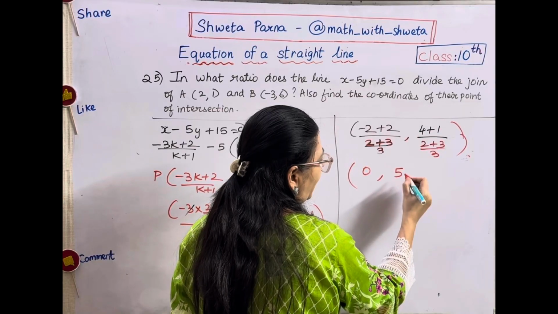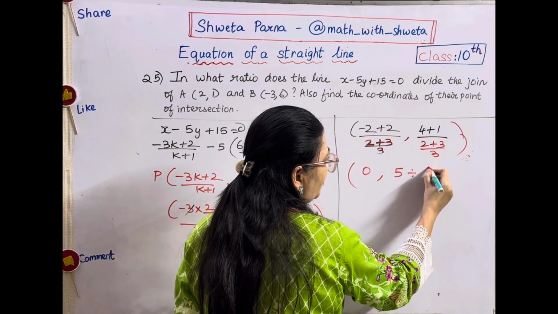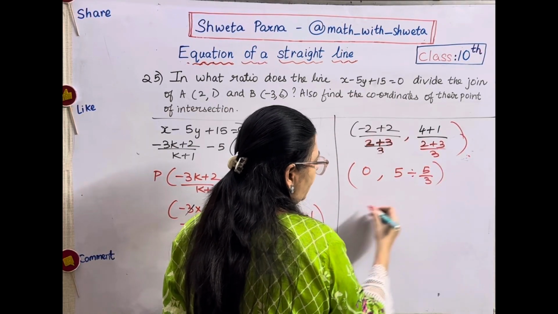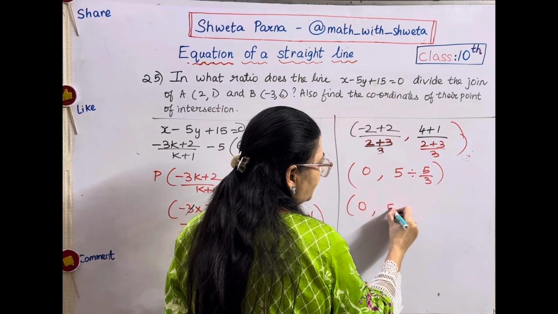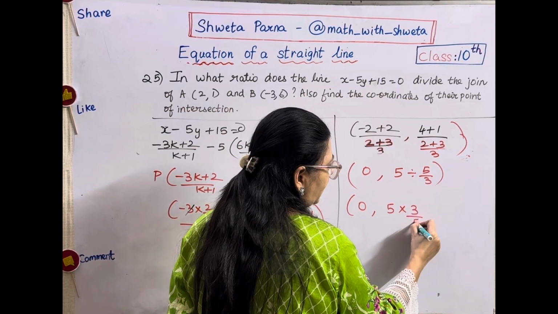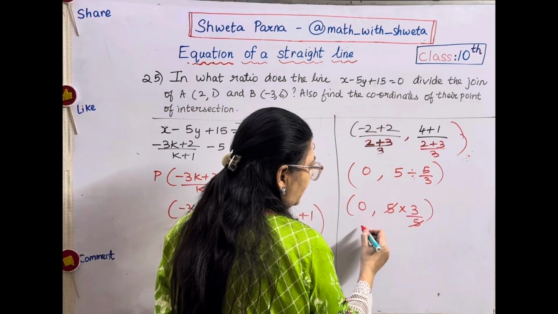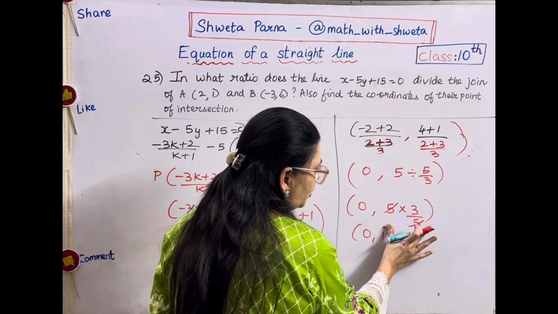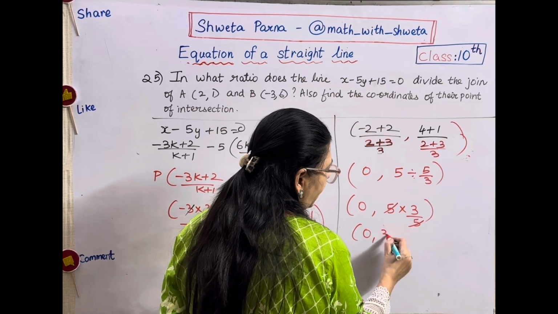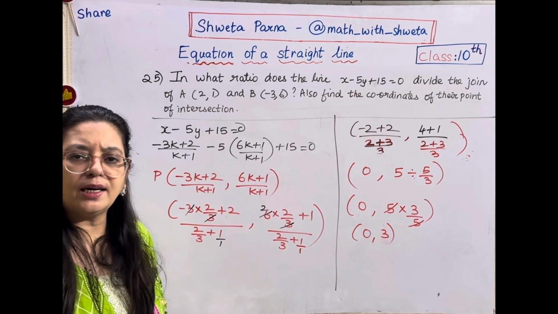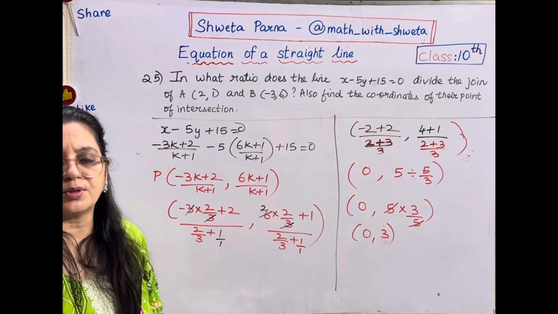This becomes 5, 5 divided by 5 upon 3, right? So this is 0 and this is 5 into 3. You will take the reciprocal since it is division. 5 and 5 get cancelled. So the point of intersection is (0, 3). I hope it's clear. Come on, let's go to the next question.